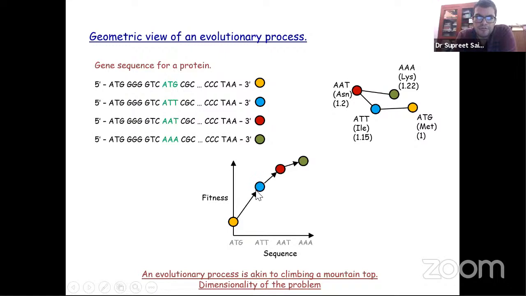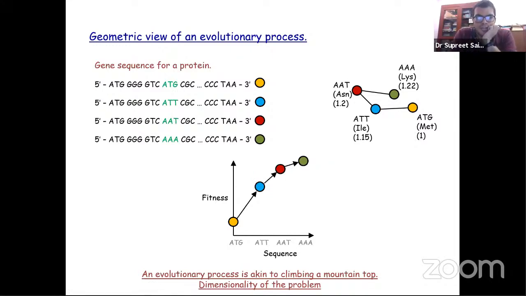But the same fate will repeat itself when one of the individuals carrying ATT picks up another mutation, and this ATT becomes AAT. Now the rest of the population is at the blue node, but one of the individuals has moved to the red node, and hence this red individual will outcompete the population at blue, and the population now moves to red, and the evolutionary process continues so on and so forth.